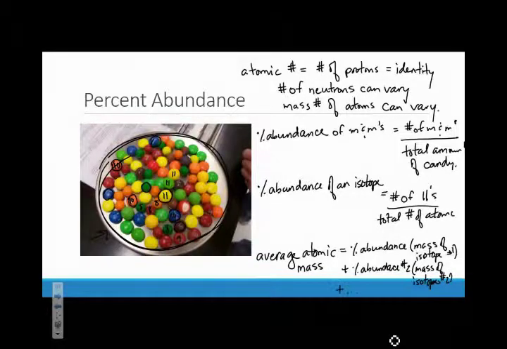I could keep adding percent abundances times masses of isotopes for however many isotopes I have. I just have to plug this information in.